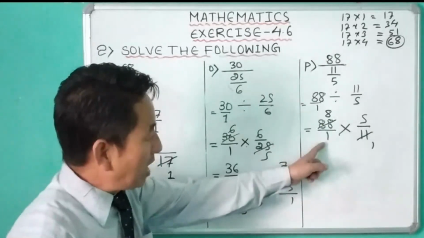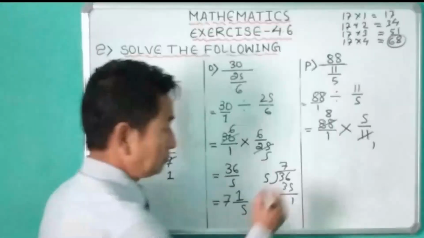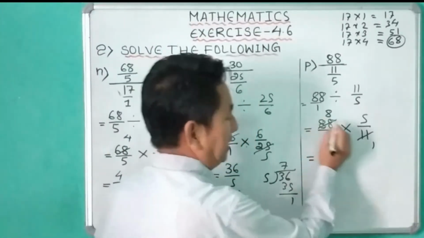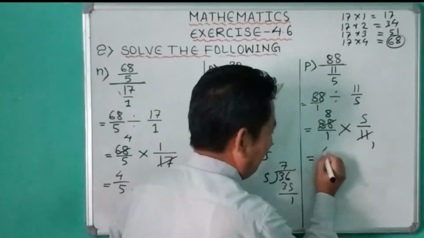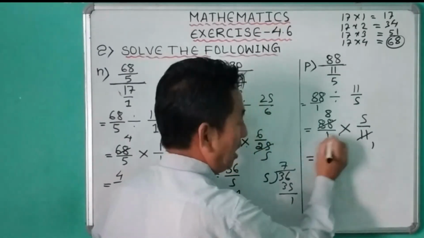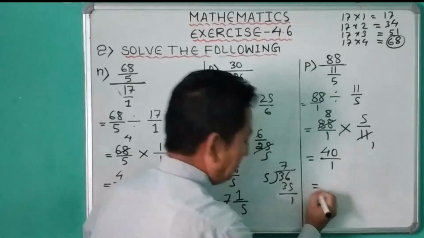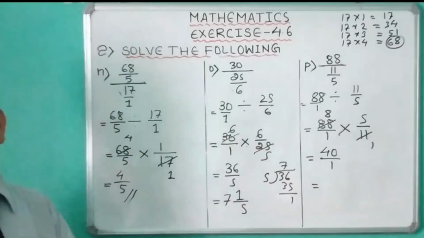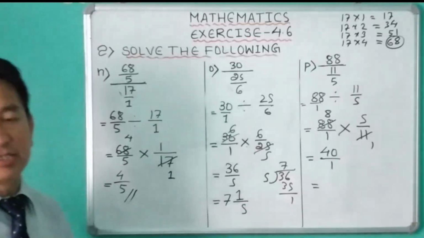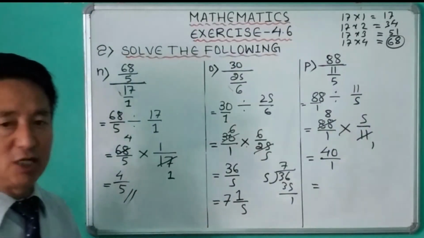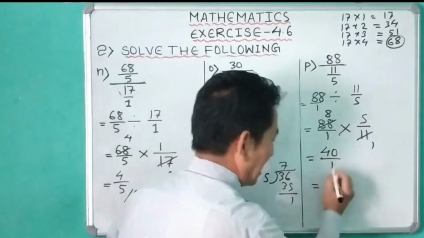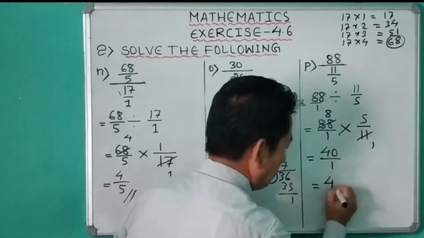Now 8 by 1 into 5 by 1. Here 8 into 5, 8 5s are 40. 1 into 1, 1. If there is 1 in denominator, no need to write this 1 as the denominator. So we'll write this as the whole number 40.